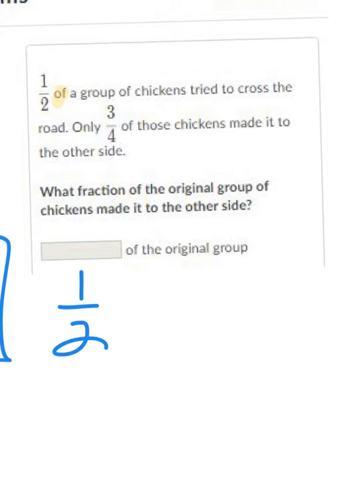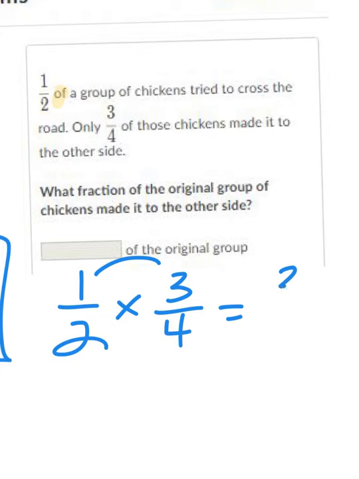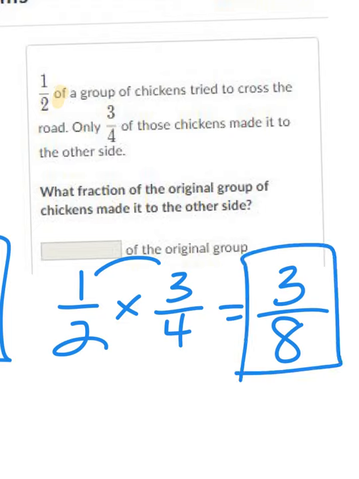Sorry, let me put that all in the same color, so it's not so hard on your eyeballs. Times 3/4. Okay? Nothing cross cancels. Can't simplify anything there, so now we're just going to multiply across. And 1 times 3 is 3, and 2 times 4 is 8. Now, that's not 3/8 of a chicken. That would be kind of interesting, but it's 3/8 of the group. Okay? So your answer is 3/8.